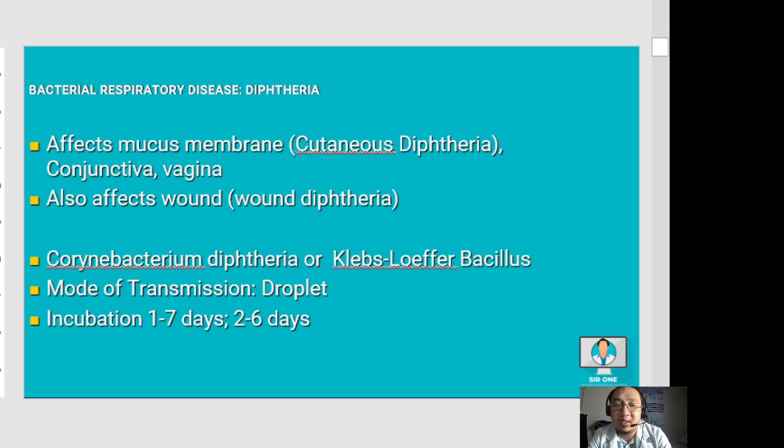Okay? And there is a reference telling that infants are immune for 6 months of life from the vaccine, and the toxin that is produced by the bacteria is capable of damaging muscles, especially cardiac muscles, the kidneys, liver, and the nerves.